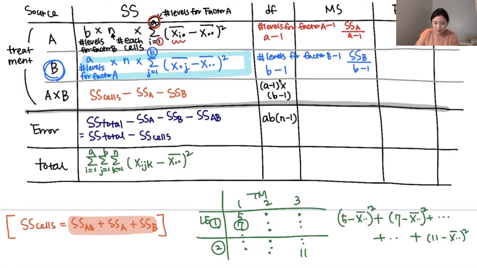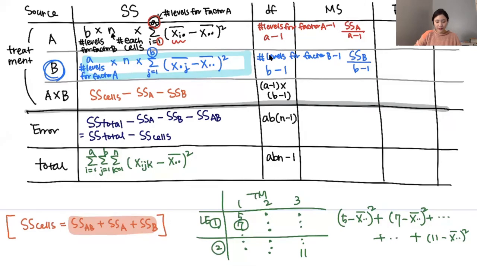A is the number of levels for factor A, b is the number of levels for factor B, n is the number of observations for each cell. And degree of freedom of total is abn minus 1. The number of all the observations minus 1 is degree of freedom of total.